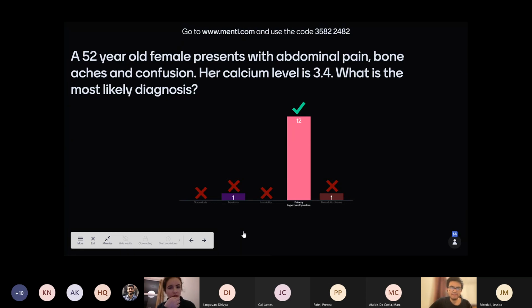In the chat, can someone explain why that is the correct answer? So basically, these could all put your calcium up, but why is primary hyperparathyroidism the right answer? And Anish will have to read the answers for me because I can't see them. Shout out to the two people who didn't see the right answer and still went for the other things.